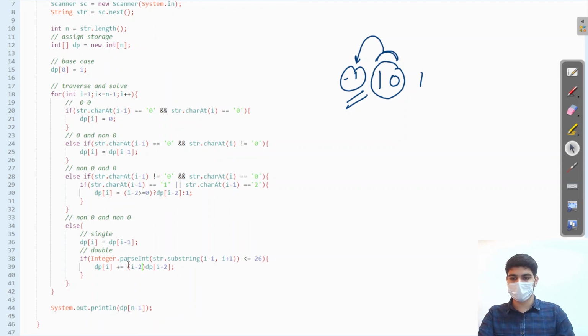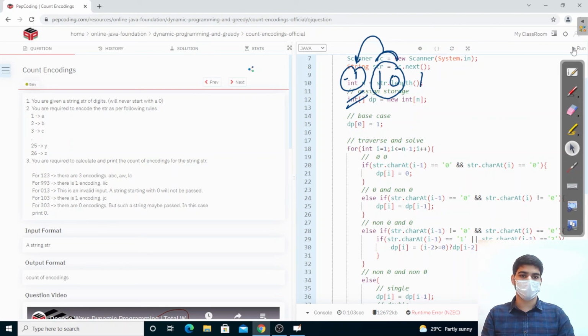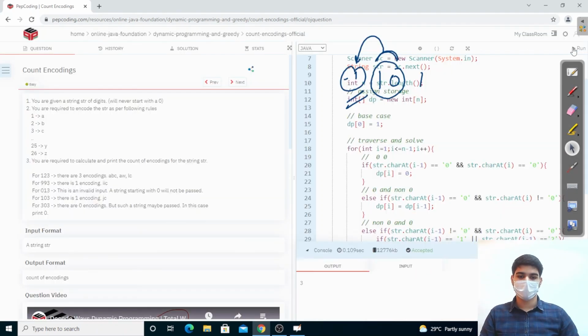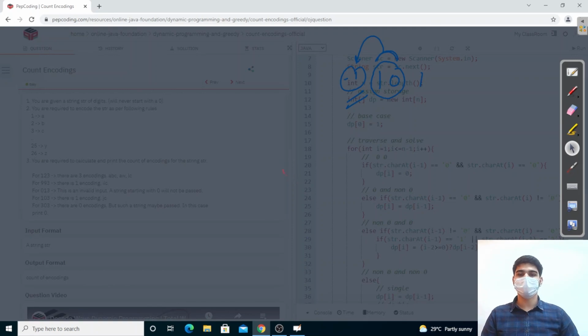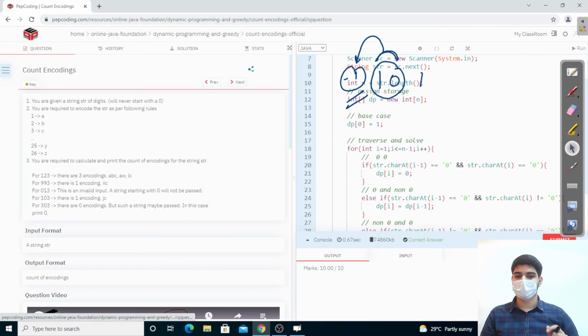If my I minus 2 is greater than or equal to 0, then I can have dp of I minus 2 over here, or else I will have 1. Let's run this and hope that it works now. And it does. Let's submit this for all the test cases. So it gets submitted. We are passing all the test cases.